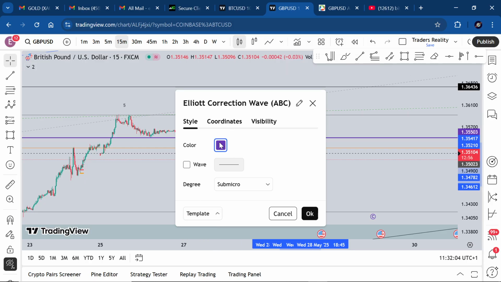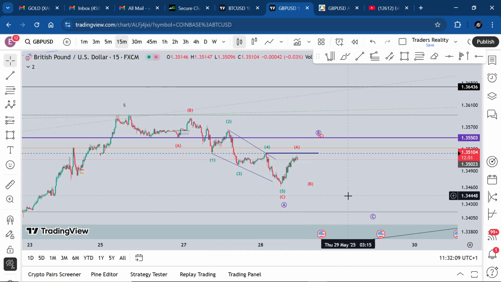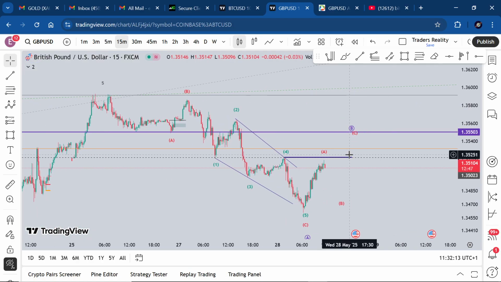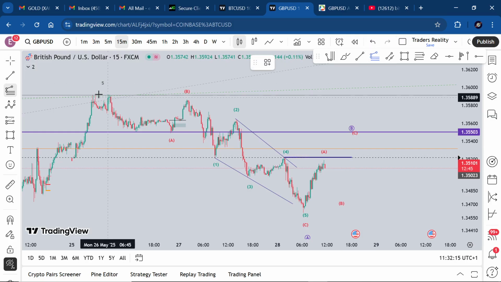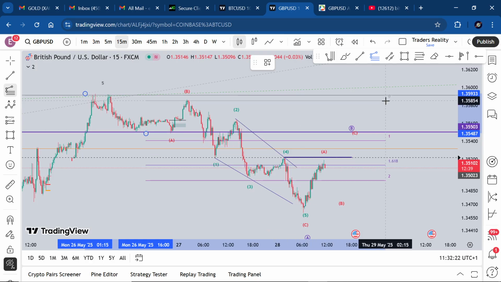But at the same time, I'm going to show you on the chart why. So I haven't done this measurement, and I do expect it to be an extreme measurement, right? 2618 or 3 potentially.